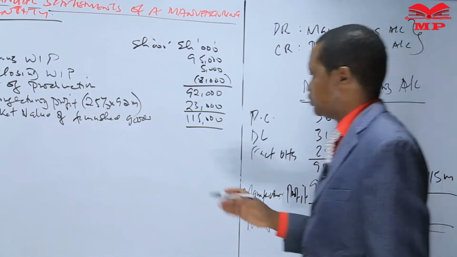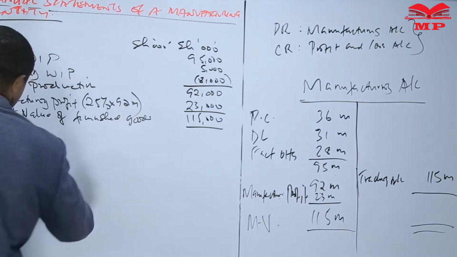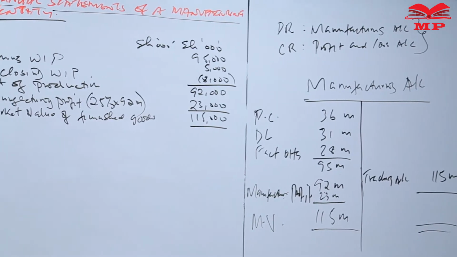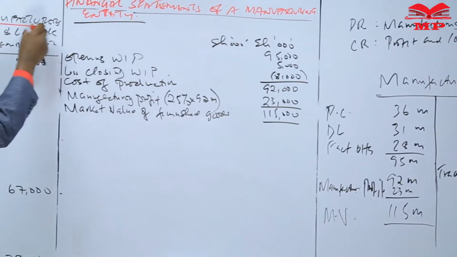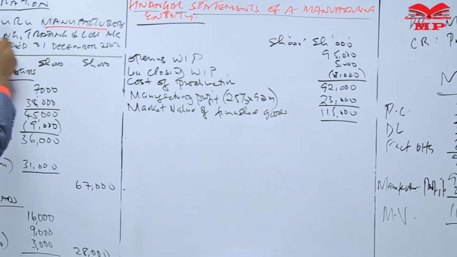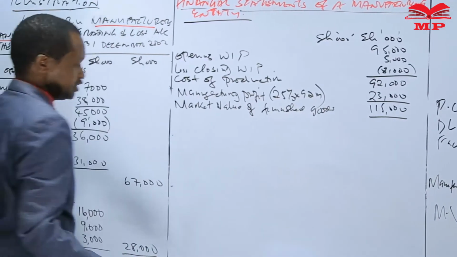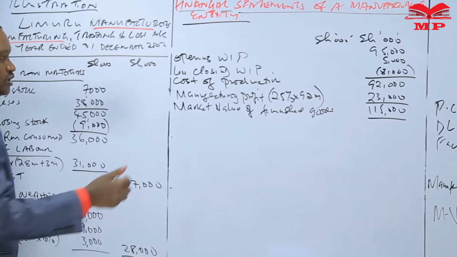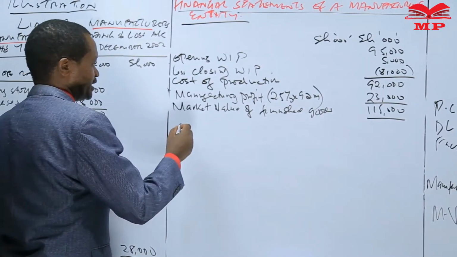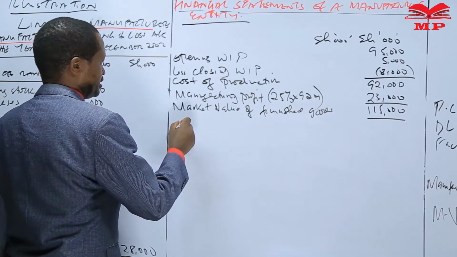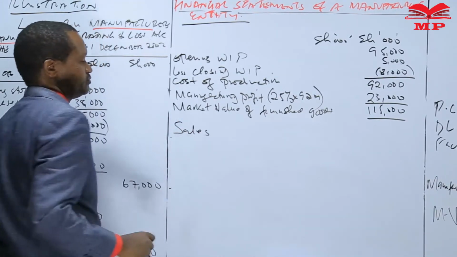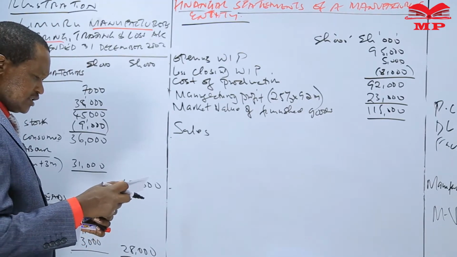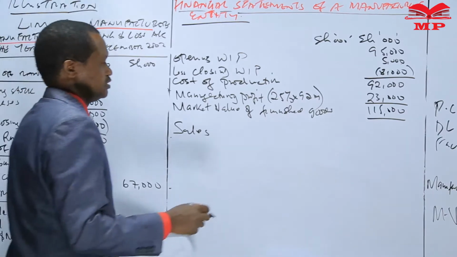That is what we want to do next. We have done the manufacturing account, so we want now to proceed to the trading account, and as usual, in the trading account we start with the sales. From the question, the sales figure is 192 million.